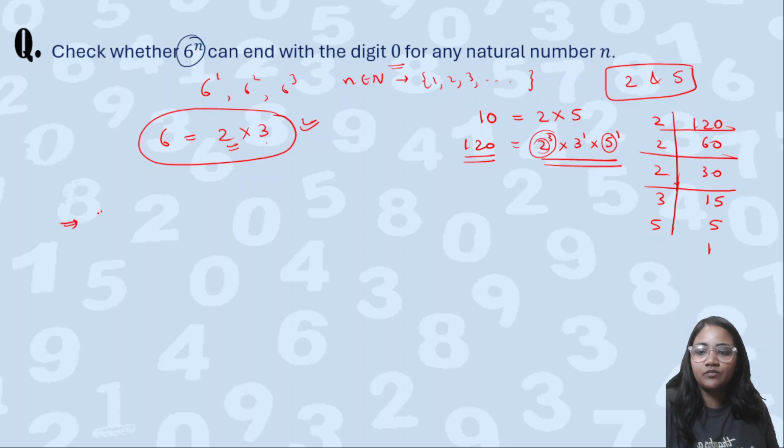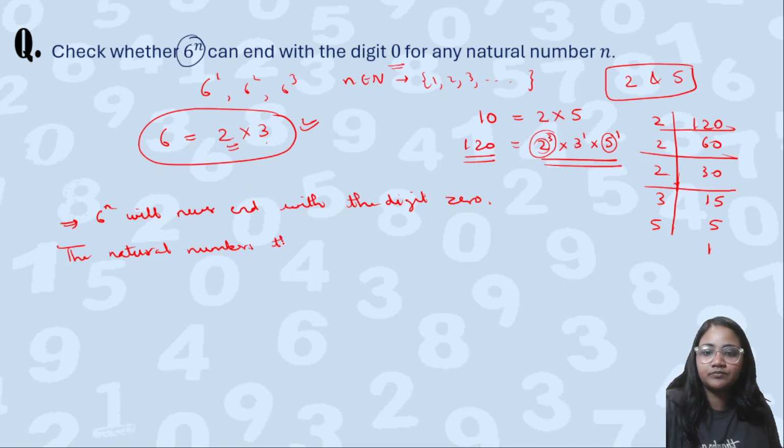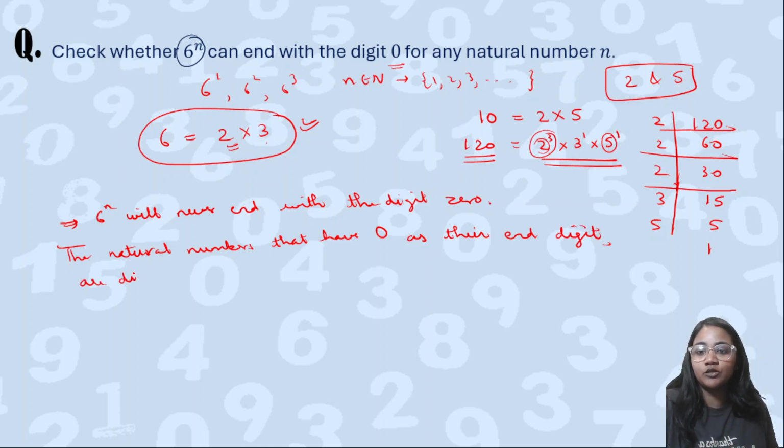We can say 6 to the power n will never end with the digit 0 because the natural numbers that have 0 as their end digit or unit digit are divisible by 2 and 5.